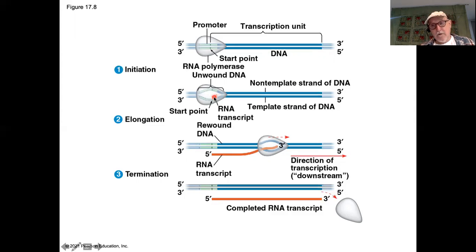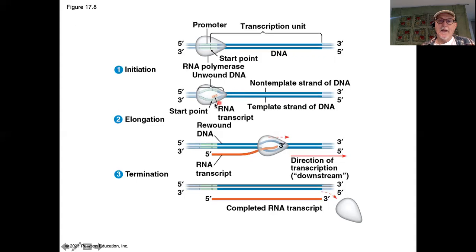Now, I want you to realize why I'm always emphasizing that you need to look at the priming. Here is the gene. Here's the template strand. And it's really important: there's its 3' end, there's its 5' end. The RNA polymerase is going to lay down a strand, and it is going to grow in that direction.